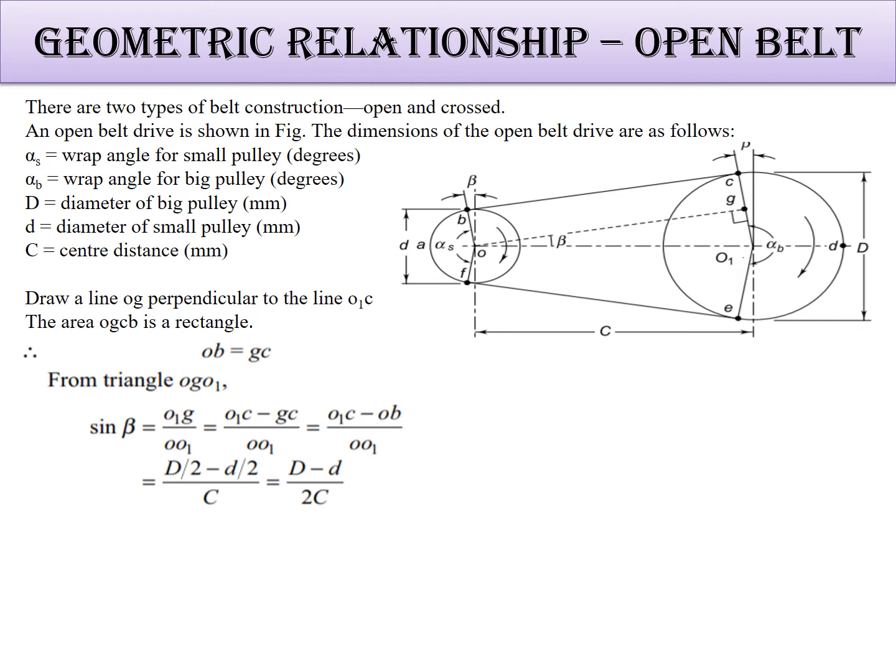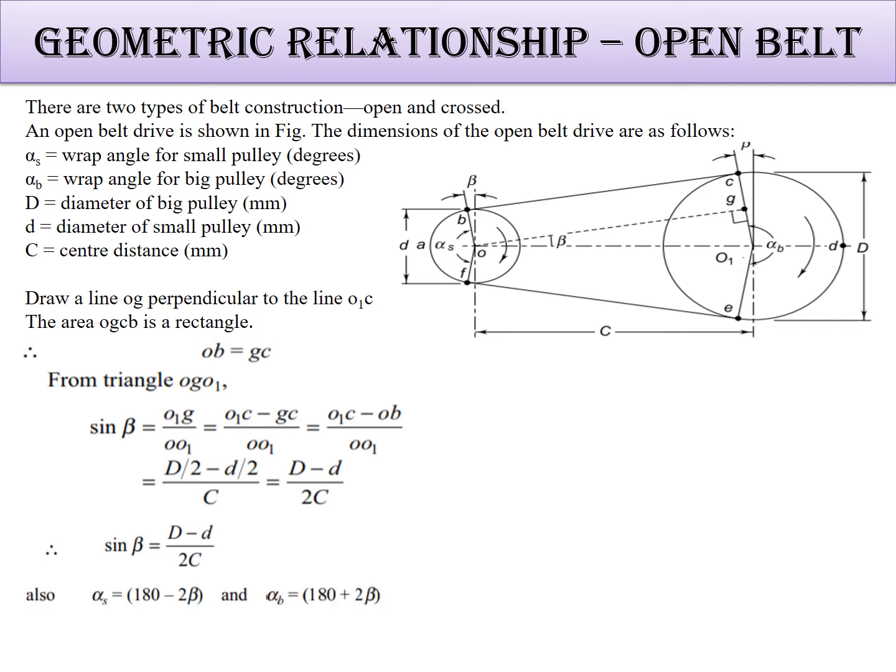So capital D by 2, the bigger pulley radius, minus small d by 2, the smaller pulley radius, which is equal to this OB, upon C. So this becomes capital D minus small d divided by 2 times C. Now sine of beta will be capital D minus small d by 2C.